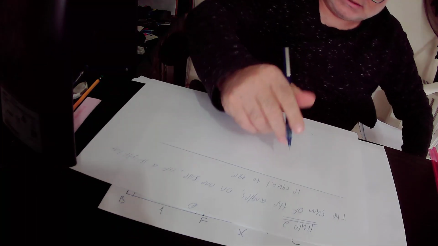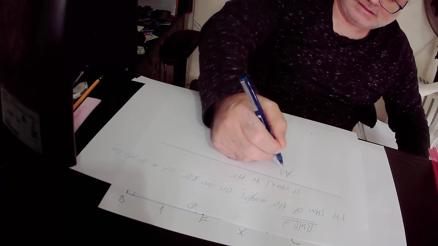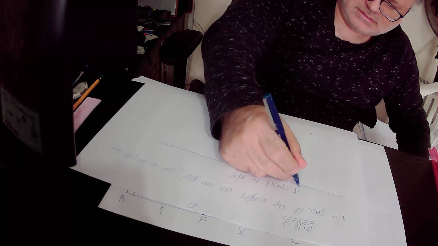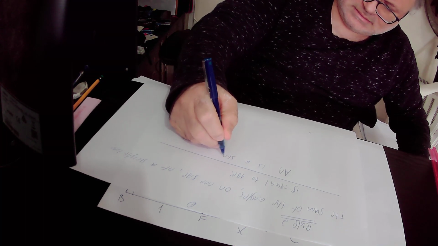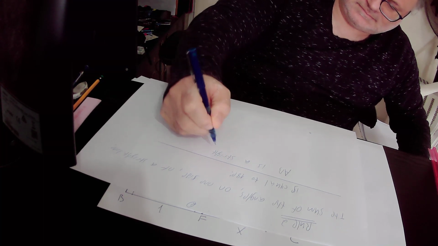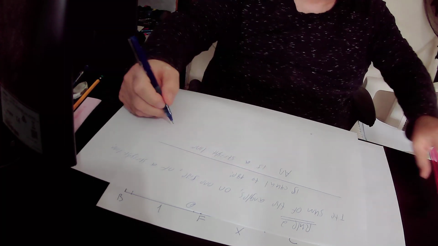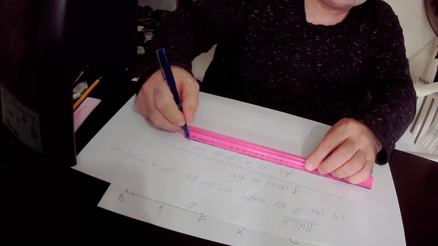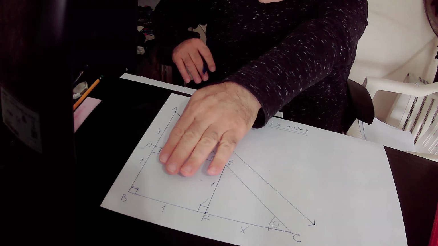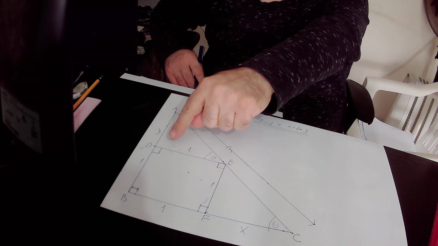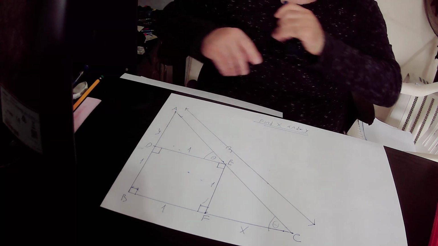AB is one side of a triangle, it must be a straight line, so AB is a straight line. And if we focus on this side of the straight line AB at point D, then the sum of the angles must be equal to 180 degrees according to rule number 2.